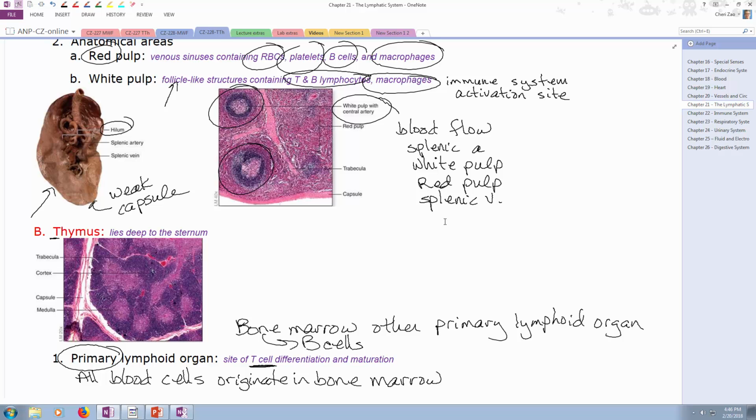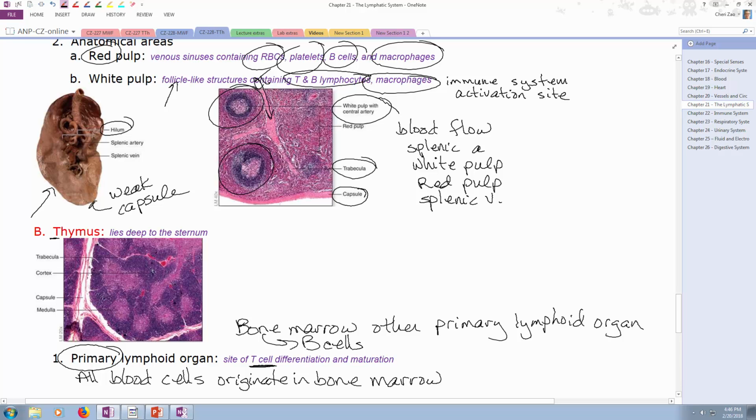It doesn't have a cortex and medullary area. So no cortex, no medullary area, always this white pulp scattered throughout it. And if you'll notice, here is some CT right there, correct? So some CT will be found also inside the spleen, and they call that trabeculae, any sort of in-shooting of connective tissue, which we also found with a lymph node.